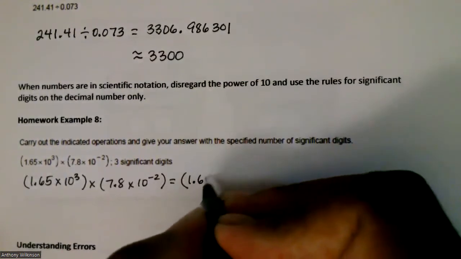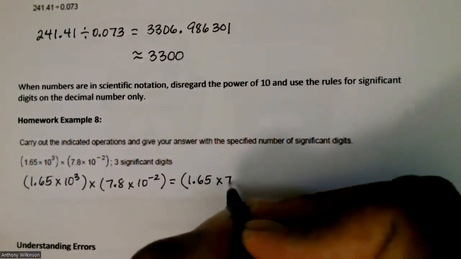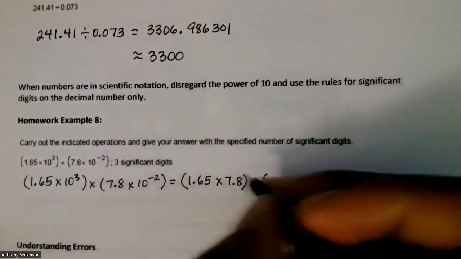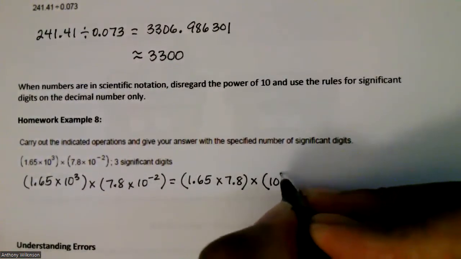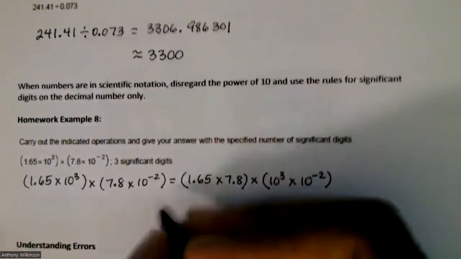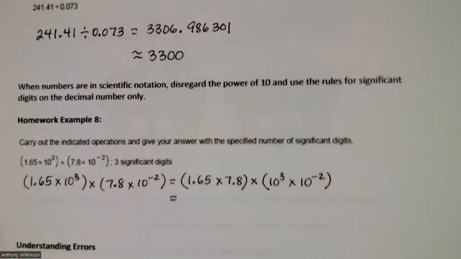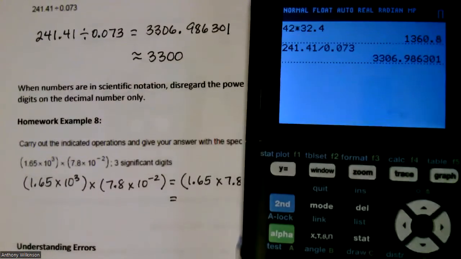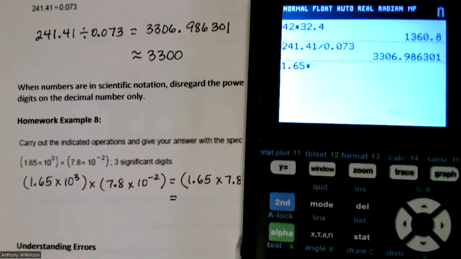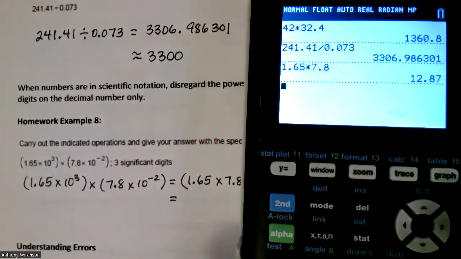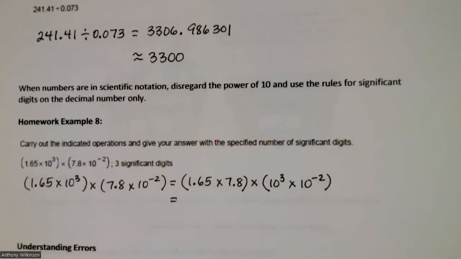Group those together, that'd be 1.65 times 7.8, and then we group our powers of 10, 10 to the third times 10 to the negative 2. So in this case, if I do 1.65 times 7.8, that would give me 12.87.